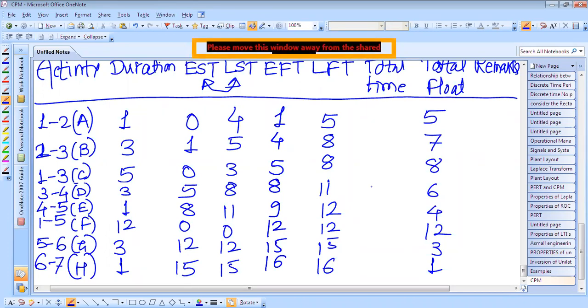Okay. So total time actually we have calculated from the LFT plus EST. No, sorry, LFT minus EST. So LFT minus 0, it is 5.